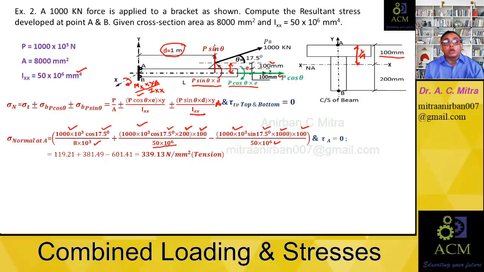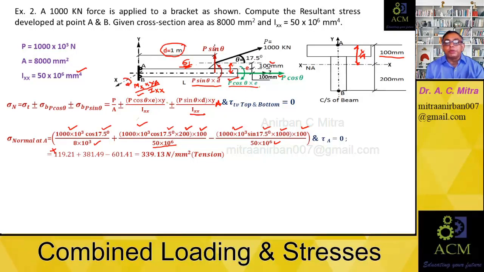Now the most important thing is the sign conventions. So we know that at point A, due to this P cos theta value, tensile stress is produced all the time. So this will be the direction of the tensile stresses due to the P cos theta. It will always be the positive one.